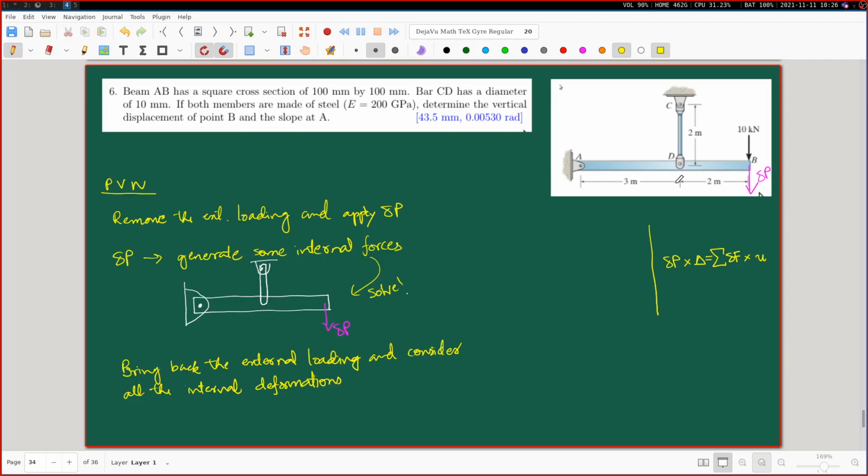Actually, it is not that bad, because in the first step you had applied delta P equal to 1 in the same direction that this 10 kilonewton force was applied.